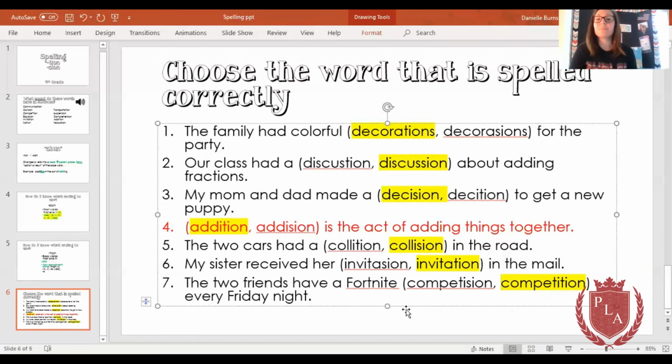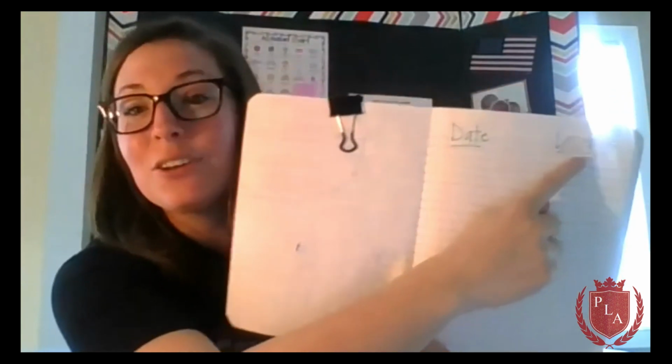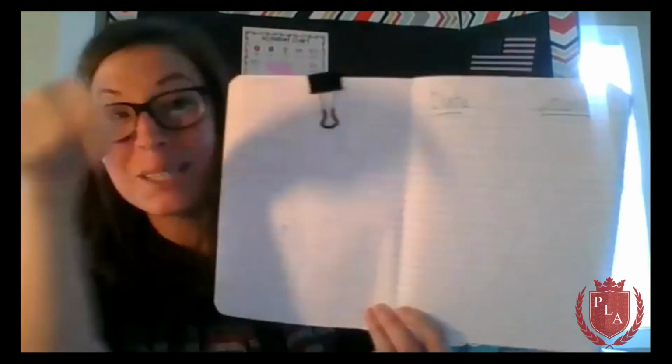Now that we worked through some examples together, you have the chance to do some activity on your own, knowing the difference between the two spellings. Okay, let's take a look at your notebook. Get your notebook out. Open up to your blank page. And you're going to write the date at the top. What day is it? What month is it? What year is it? And then you're going to write the lesson number for the spelling lesson we just did together.